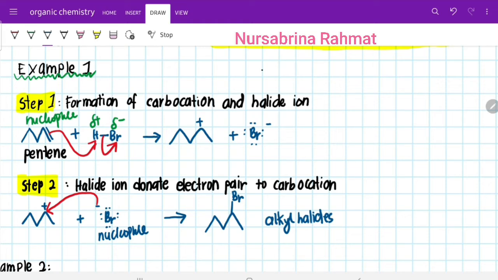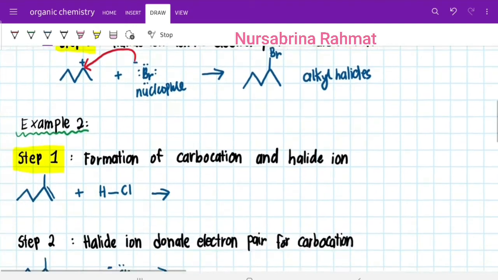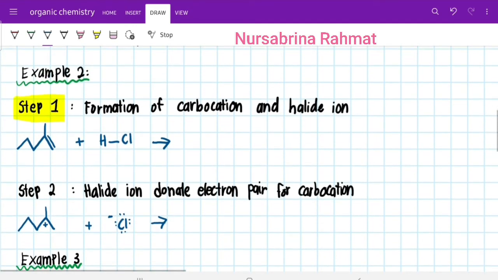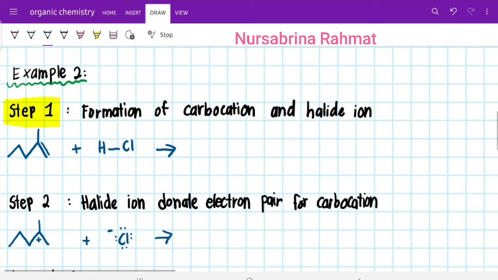Let's go for another example. As always, we start with the formation of a carbocation ion and a halide ion.